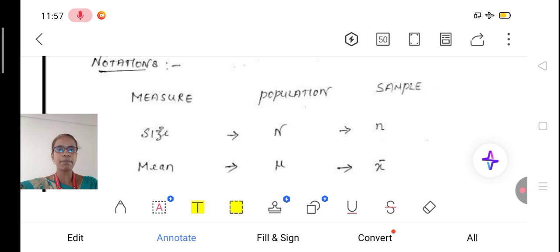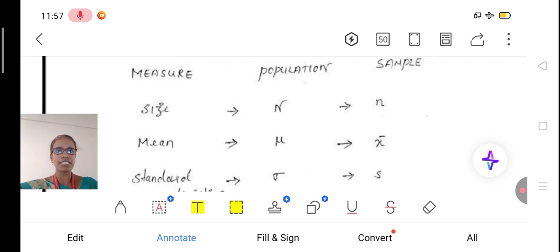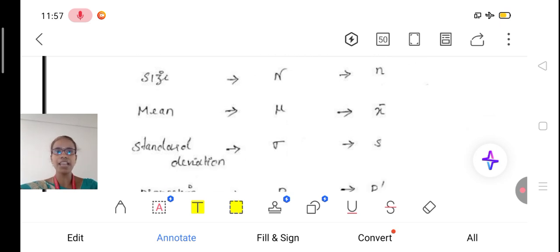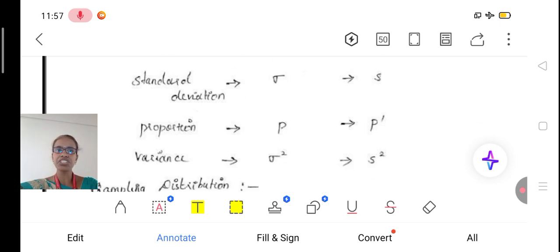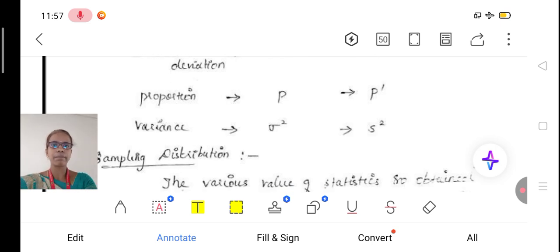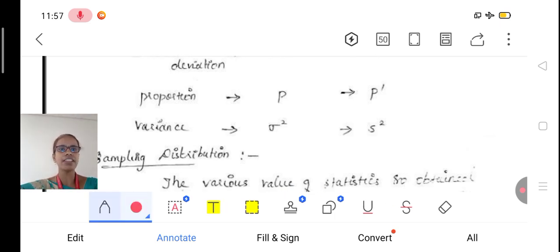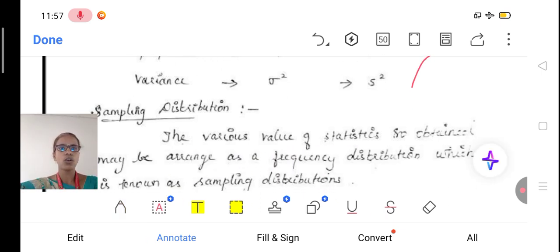Population size is capital N and sample size is small n. Population mean is mu, sample mean is x bar. Standard deviation of population is sigma, and for sample it is s. Proportion is P, and for the sample it is p dash. Variance is sigma square for population, and for sample it is s square.